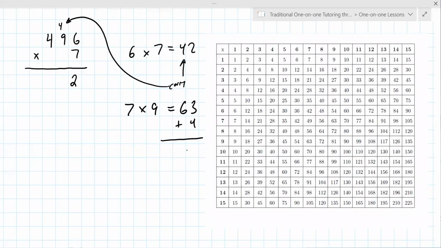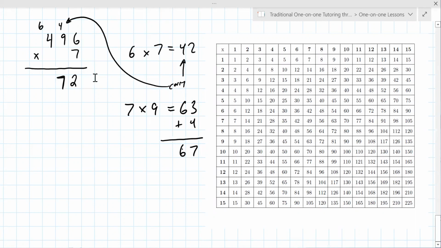65. Nope. 63 plus 4. 67. Okay, good. So the 7 goes down here next to the 2, and then the 6 is the new carry.